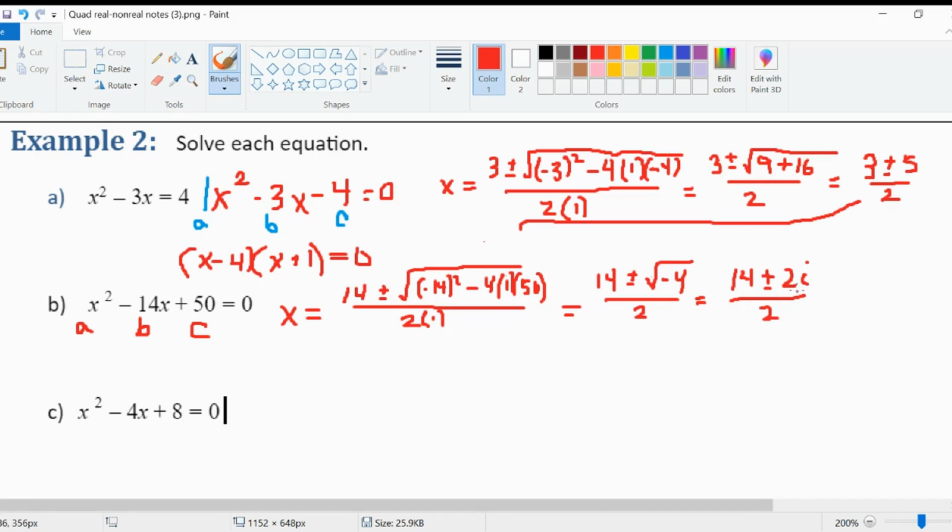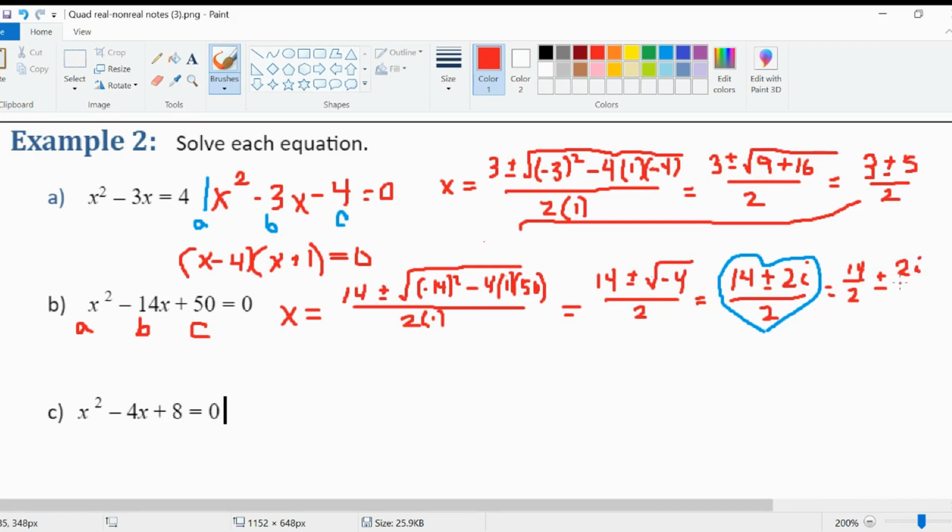Now from here, the imaginaries and real numbers cannot add together, but there is some more simplifying we can do. When you're dealing with the quadratic formula, you can break apart this sum. If you have a sum or difference up in the numerator, you can break that apart. So this would also look like 14 over 2 plus or minus 2i over 2.